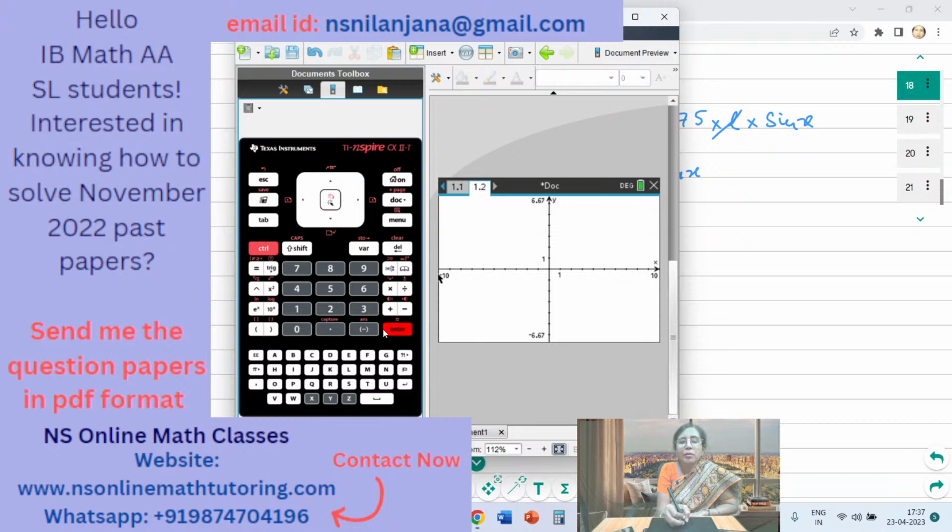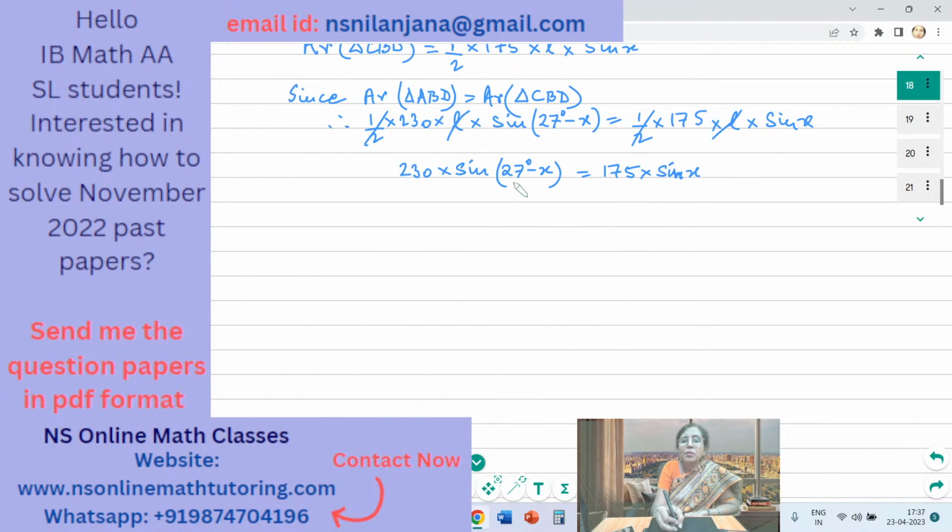I hope you are able to understand what transformations are happening. This 230 is the amplitude, and this is 27 minus x. This can be written as minus x minus 27, because then it will be a horizontal translation. And sine of minus theta is minus sine theta, so I can take the minus sign outside.